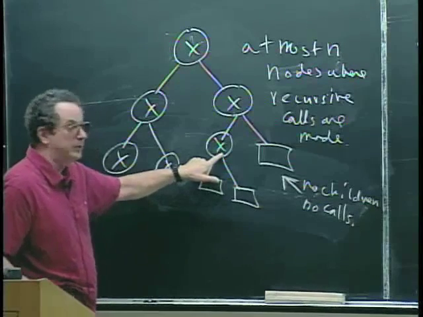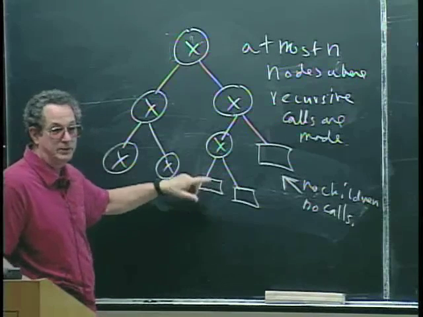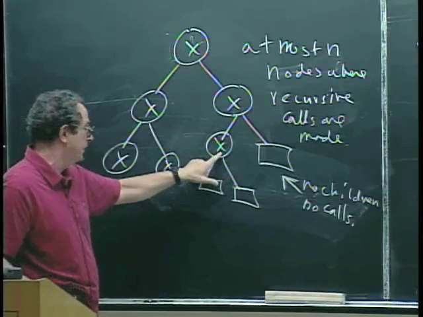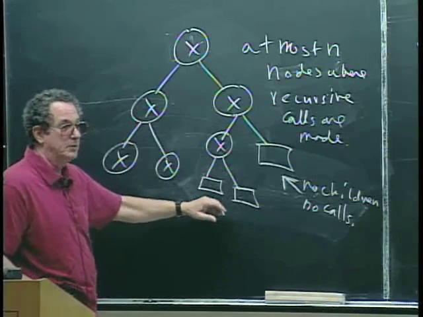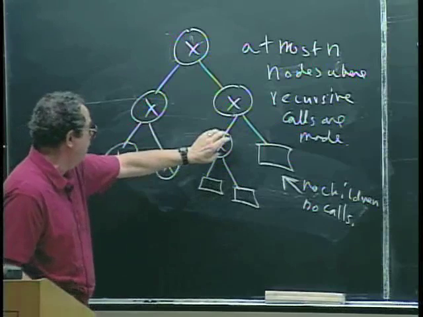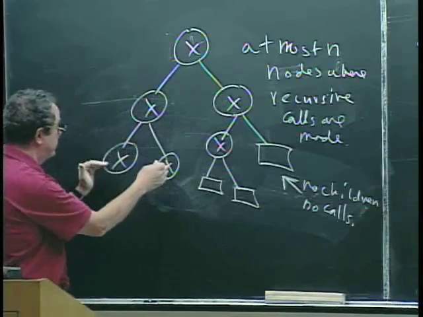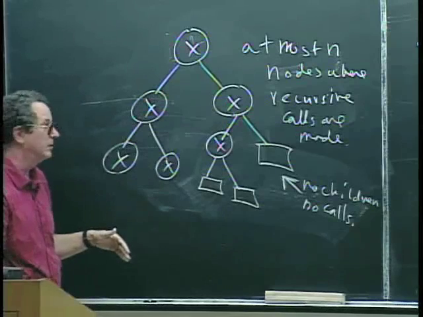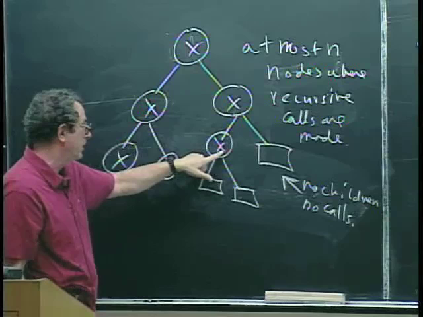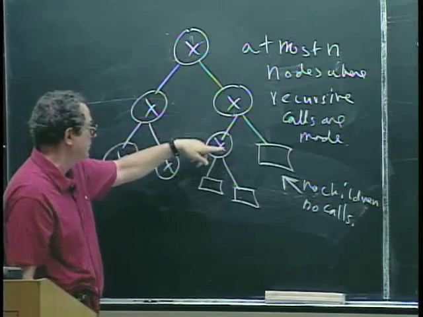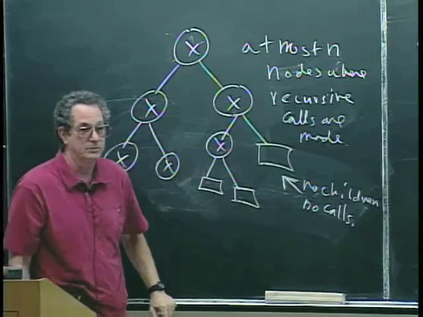Well, no. It makes a recursive call to something down here, but then this one realizes it doesn't have to make a recursive call. And this one makes a recursive call to this one and realizes it doesn't have to make a recursive call. What I'm saying is that a node that makes a recursive call either has 2 children that make recursive calls, or it has 1 child that makes a recursive call, and so conversely it has 1 child that doesn't, or it has 2 children that don't.